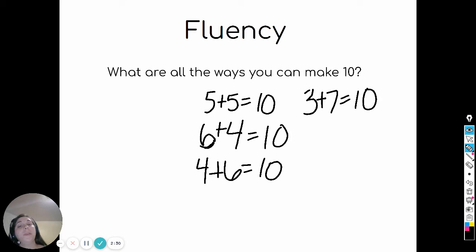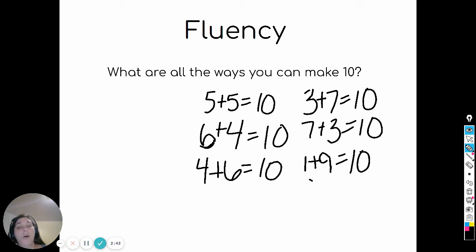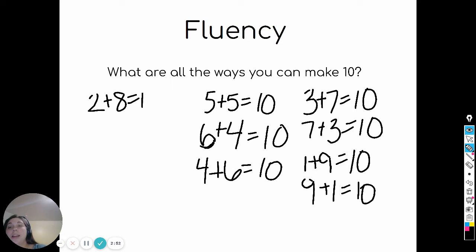And then some of you flipped it and said 7 plus 3 equals 10. 1 plus 9 equals 10. Or 9 plus 1 equals 10. 2 plus 8 equals 10. Or 8 plus 2 equals 10.